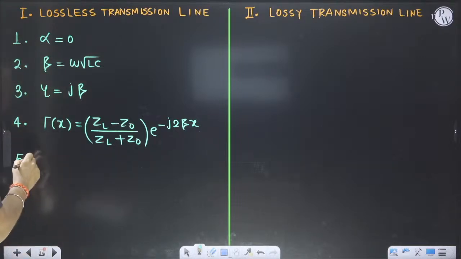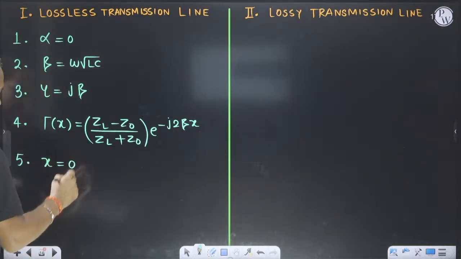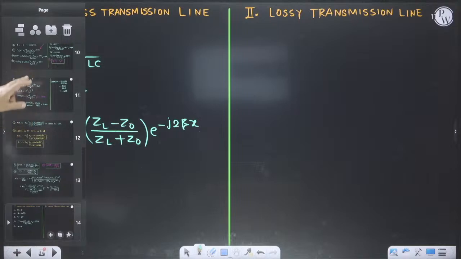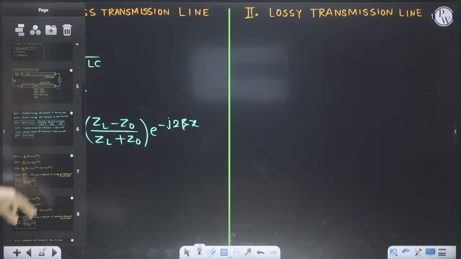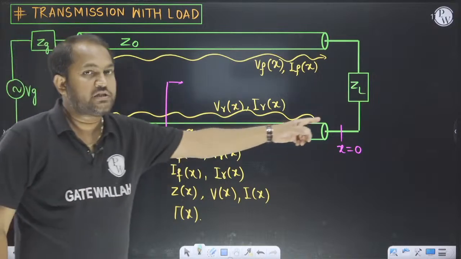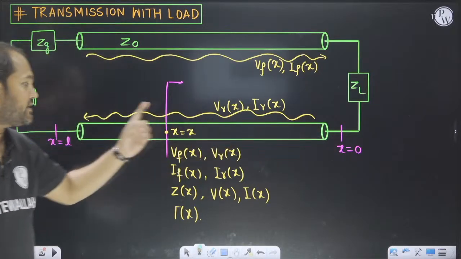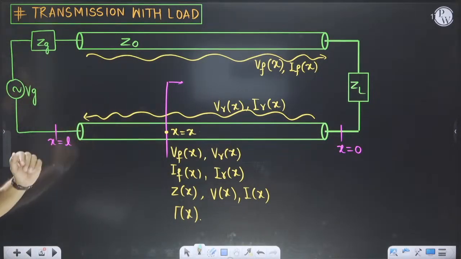Then the fifth point, at x is equal to 0. X is equal to 0 means at load. X is equal to L means at source.